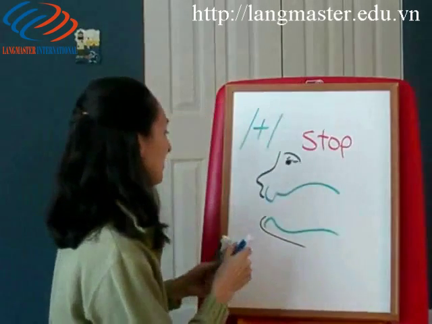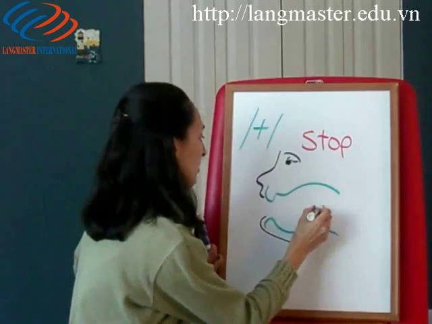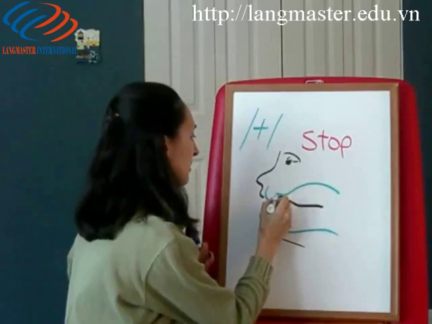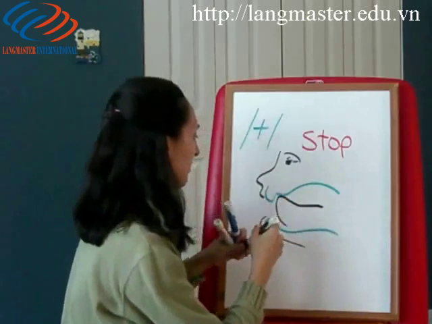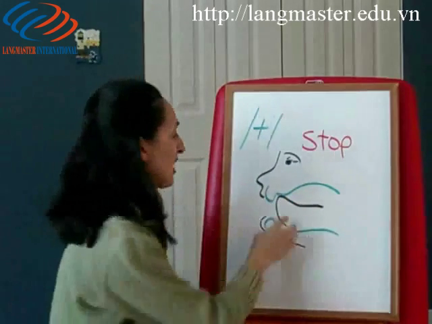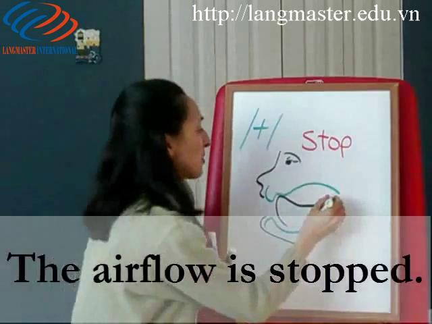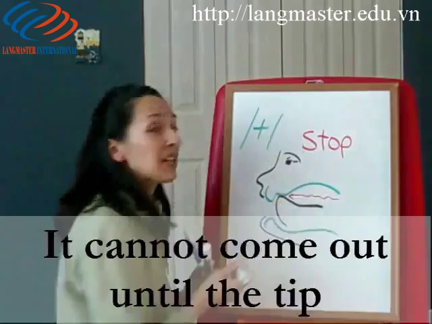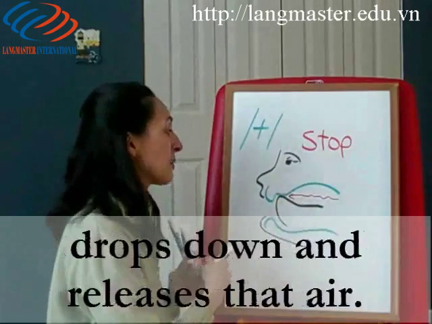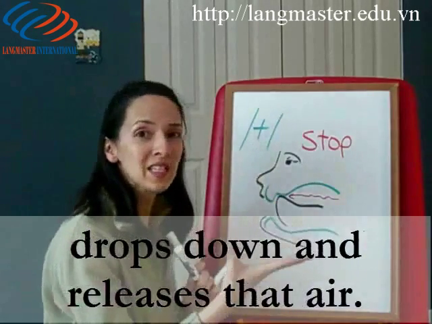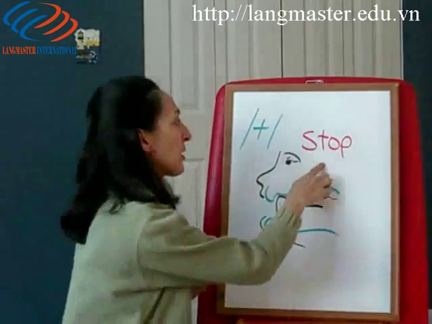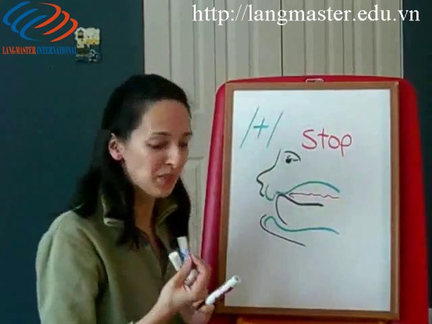Now your tongue looks something like this. So the tip of your tongue touches that hard bump. The airflow is stopped. It cannot come out until the tip drops down and releases that air. That's why we call the true T a stop.